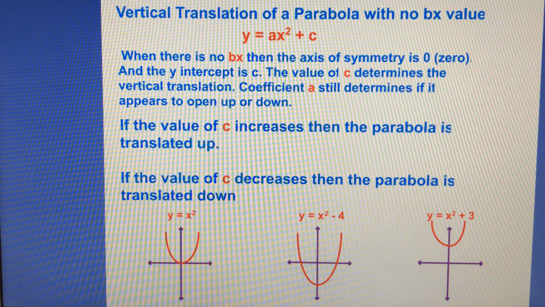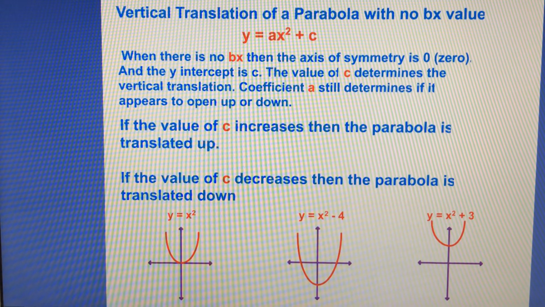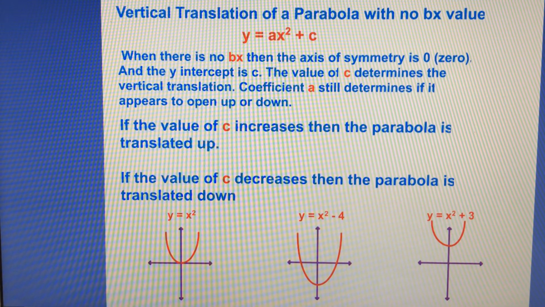What if I want to take my parabola and do a vertical translation and I want to go up or down on the y-axis? y equals ax squared plus c. When there is no bx, then the axis of symmetry is 0, and the y-intercept is c.